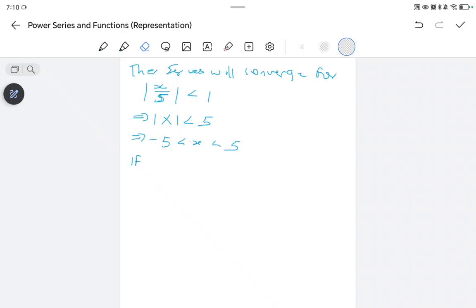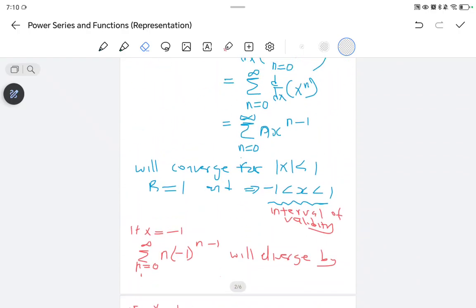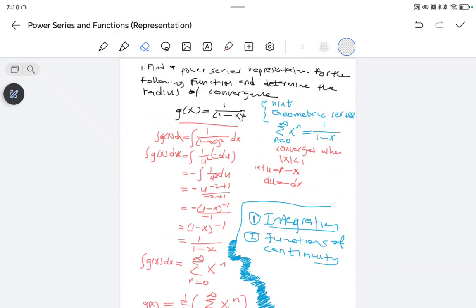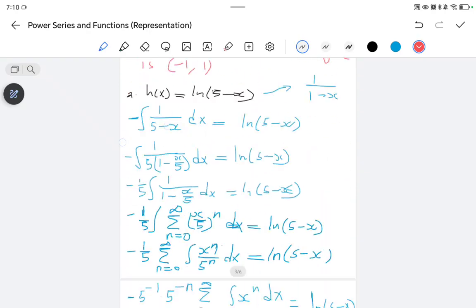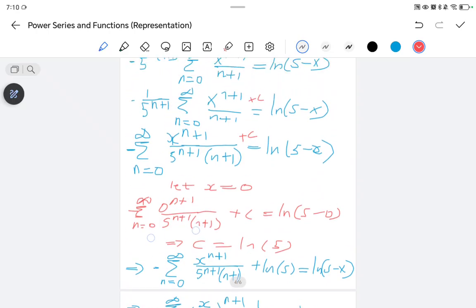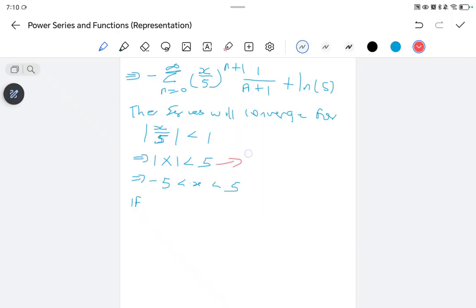So let's check here. We should determine the function and determine the radius of convergence. Our radius of convergence, we said that it's 5, right? The radius of convergence r is equal to 5.